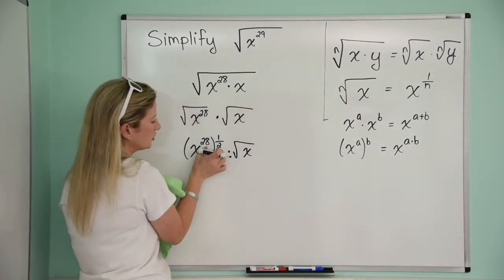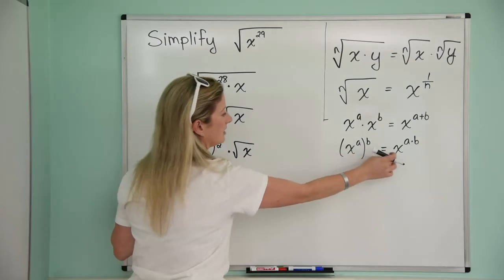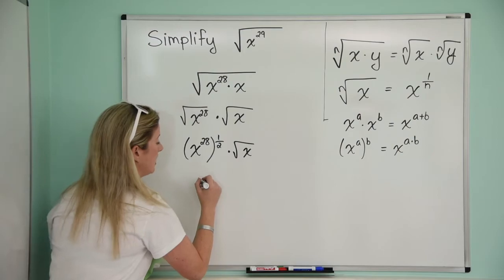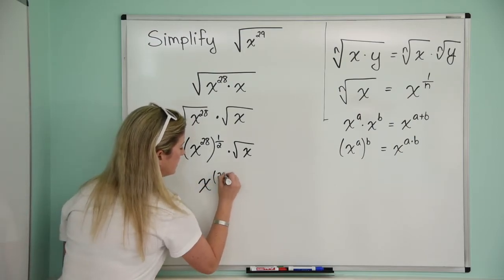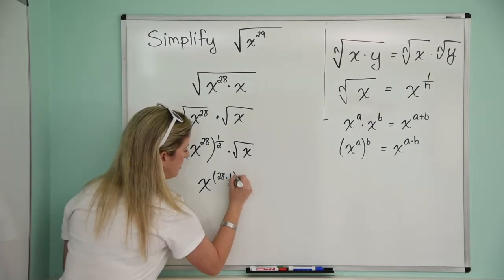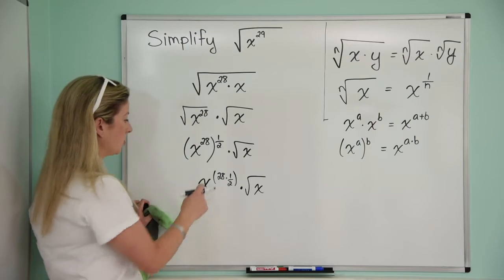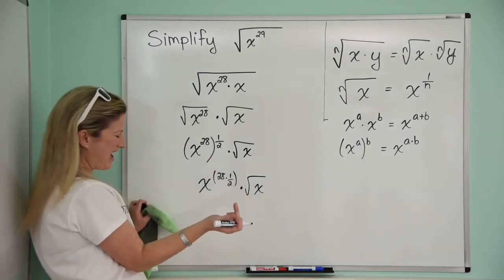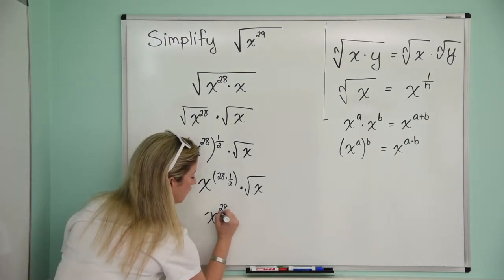So that means I multiply 28 and 1/2, right? Because x to the a to the b equals x to the a times b. So that equals x to the 28 times 1/2, and then of course times the square root of x. We could take the middle step and say that's the same as 28 over 2.